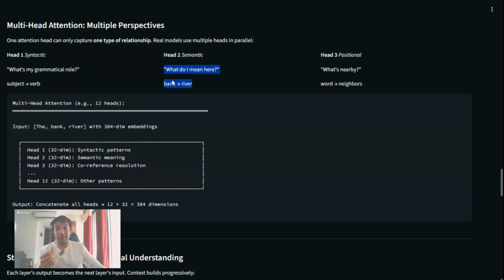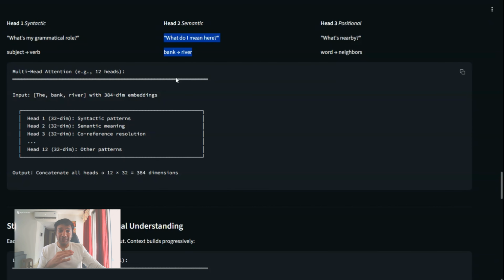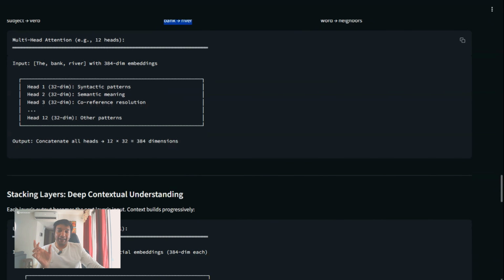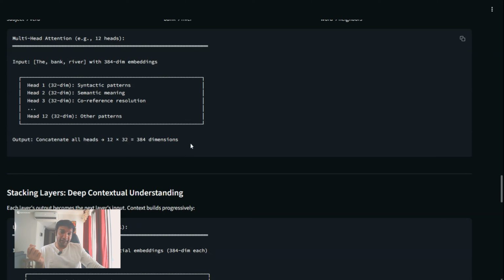Let's just say water related context is important to understand bank, stuff like that, right? And these 12 heads worked in parallel, right? And they all gave a 32 number long vector, right? 32 into 12 gave us the new sentence vector of 384 dimensions, which is what we originally had, right?